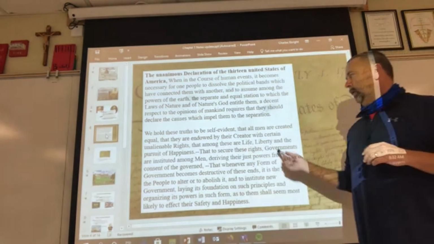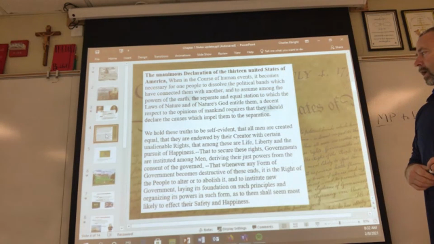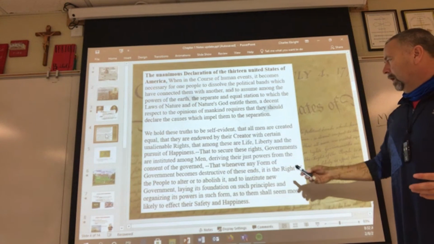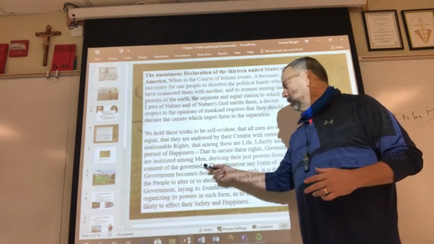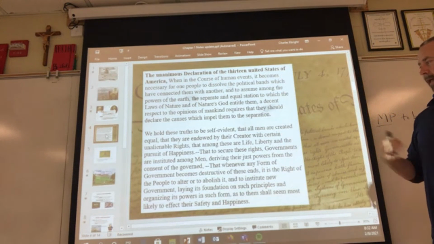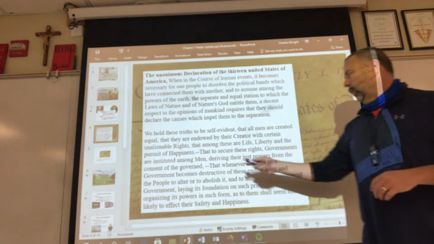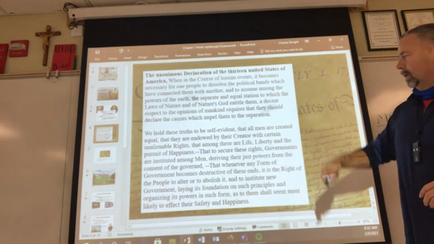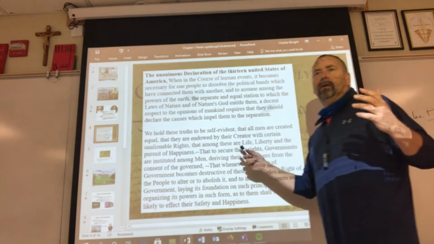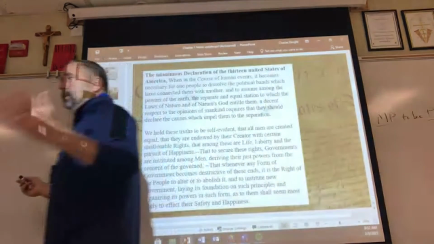These include life, liberty, and the pursuit of happiness. And where do governments get their power? Governments are instituted among men. They derive their powers from the governed, from the people. It's exactly what Locke said. And when a form of government becomes destructive and doesn't secure these rights, it's the right of the people to alter and abolish it and establish a new social contract.